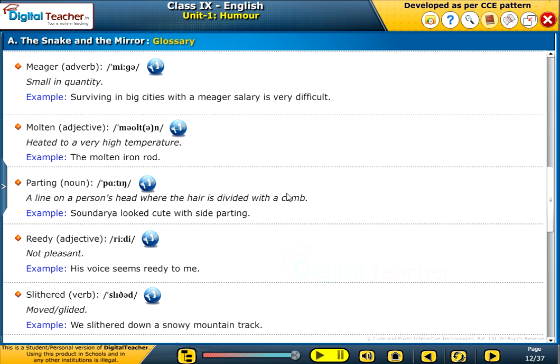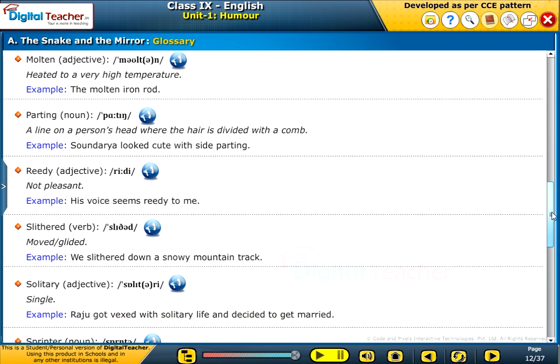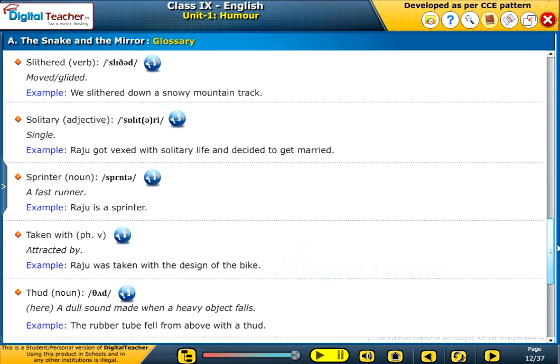Potting. Reedy. Slithered. Solitary. Sprinter. Taken with.